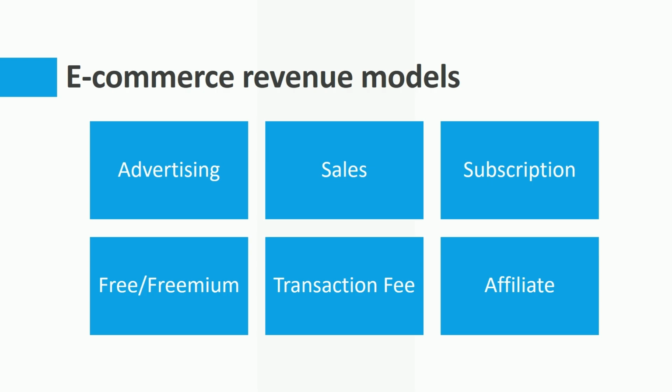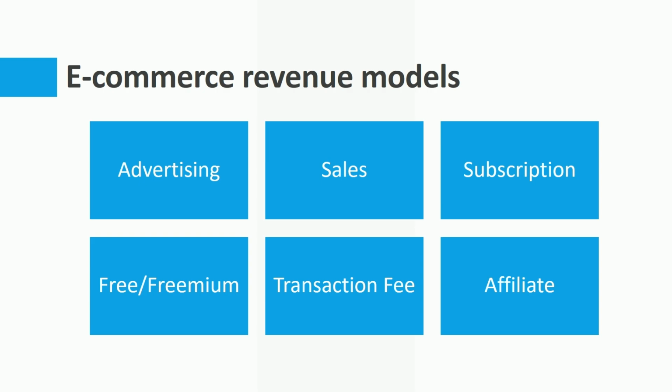So the e-commerce revenue models dictate how companies make money online, and six main models are prevalent. As we can see here in the slide, we have advertising, sales, subscription, freemium, transaction fee, and affiliate.